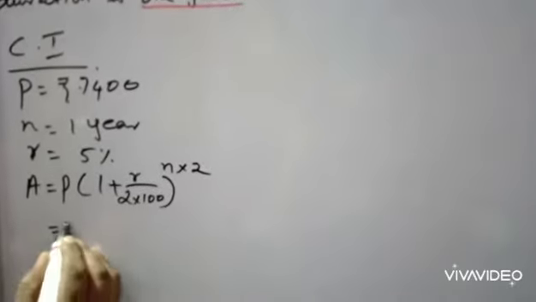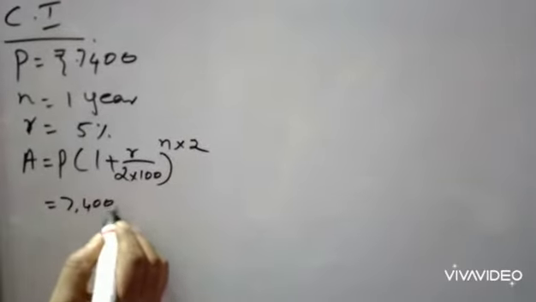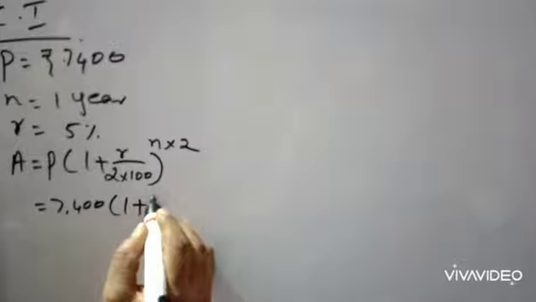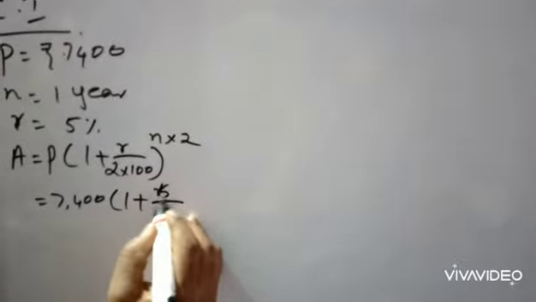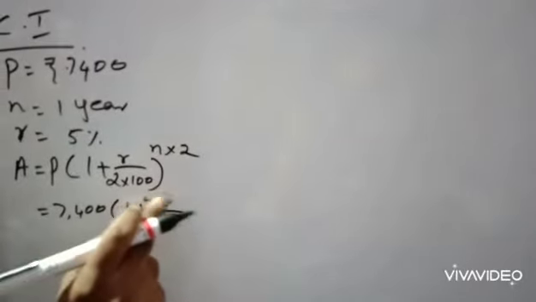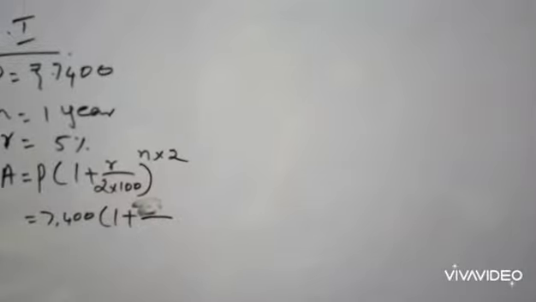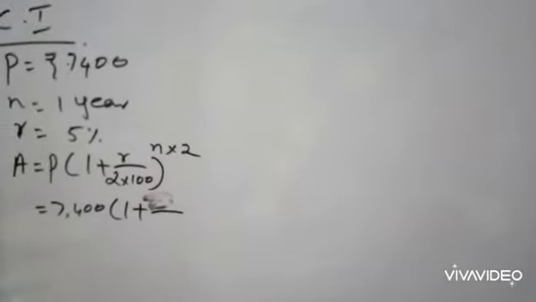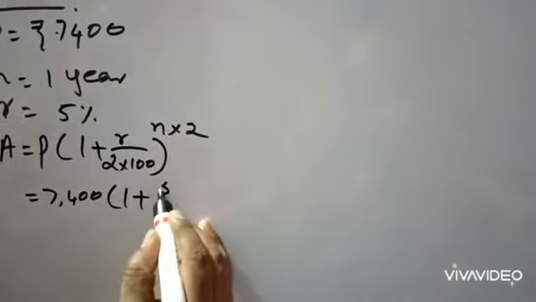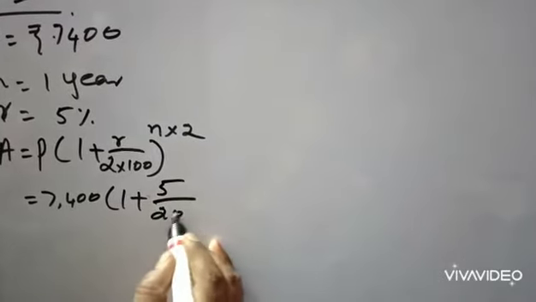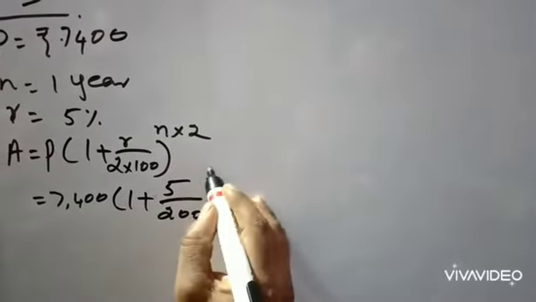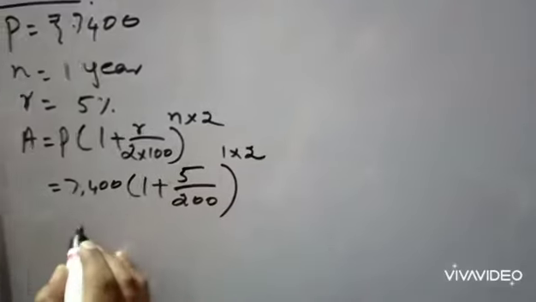In this case we have 7,400 as the principal, 1 plus 5 by 200, power 1 into 2.